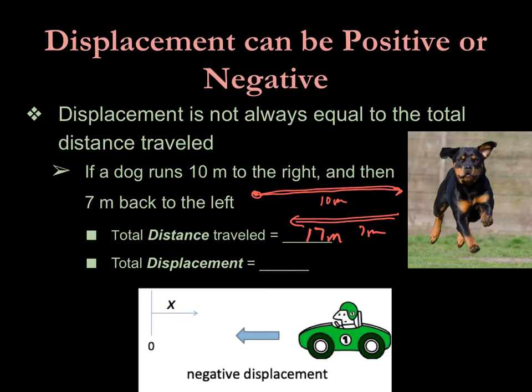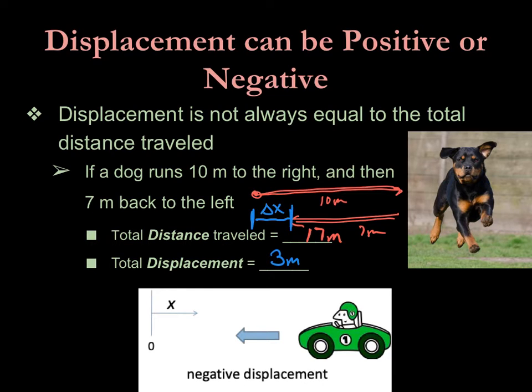However, as we said before, displacement is the total change in position from start to finish. The total displacement is measured from start to end point. And so in this case, it's only going to be 3 meters.